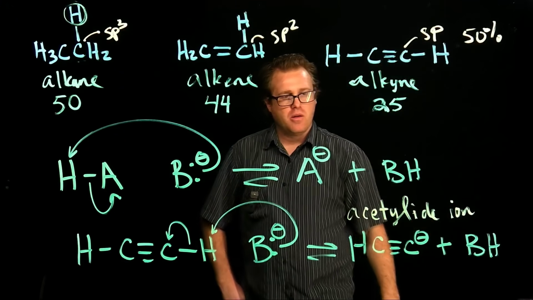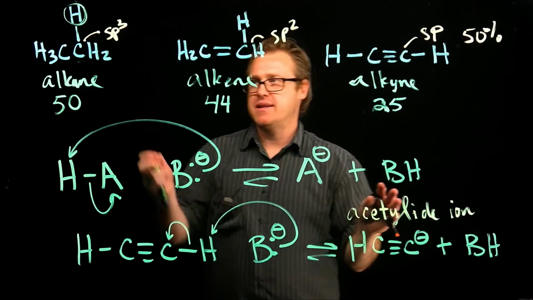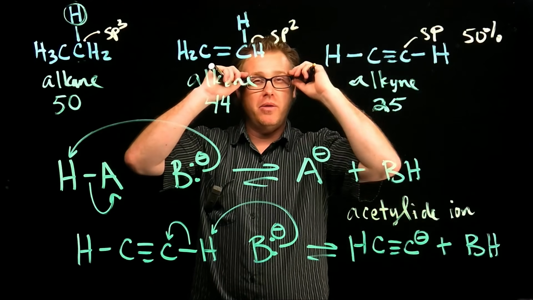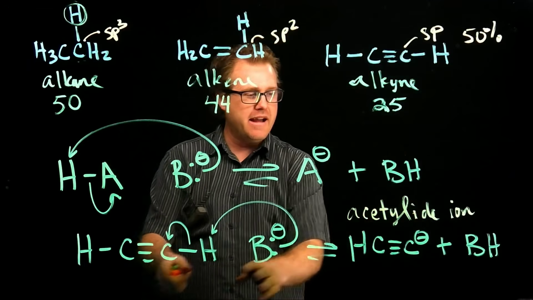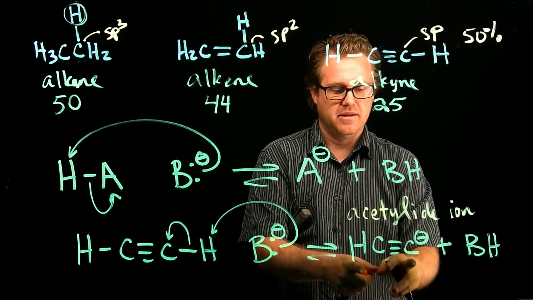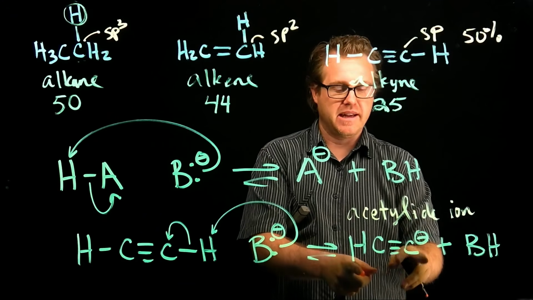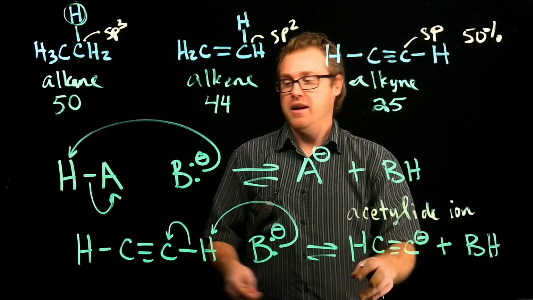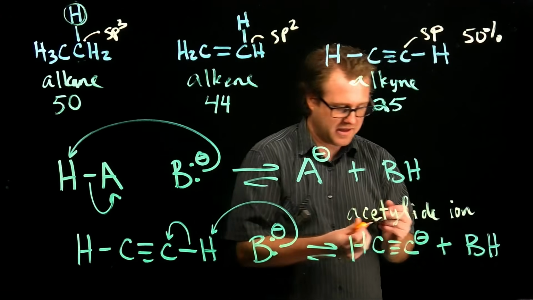Now, why is that? How do we compare acidities? What are we actually doing? Well, we're looking at the conjugate base. If the conjugate base is stable, then the acid is acidic.